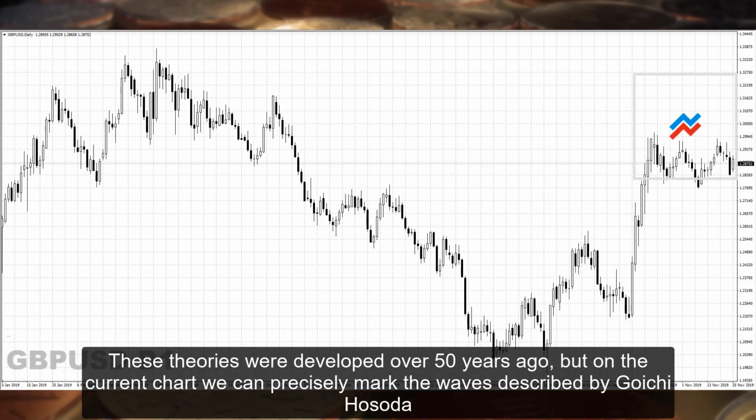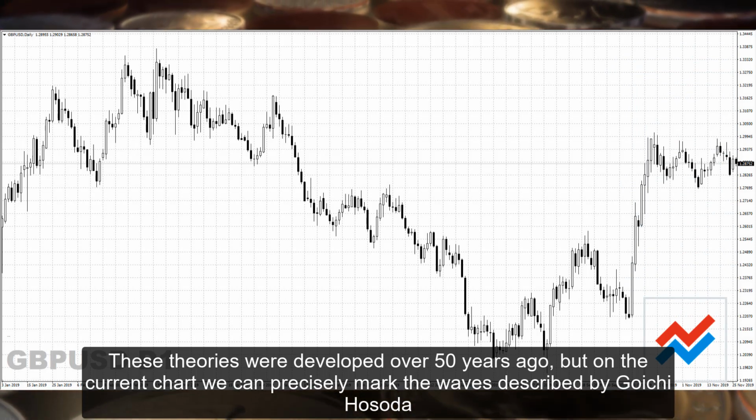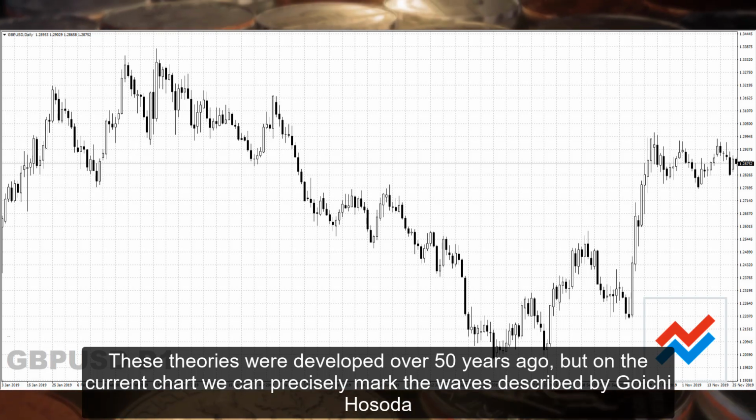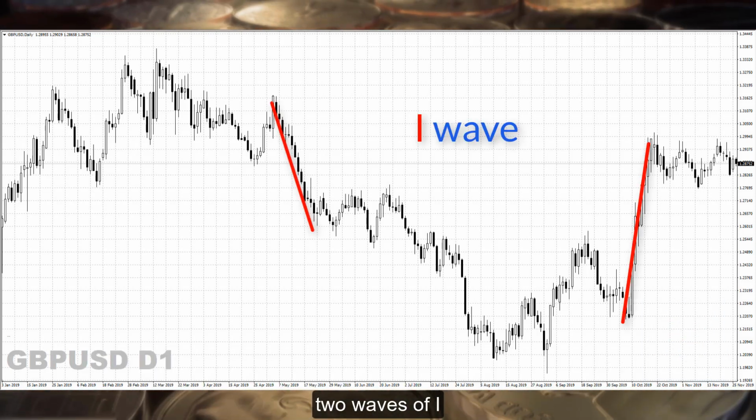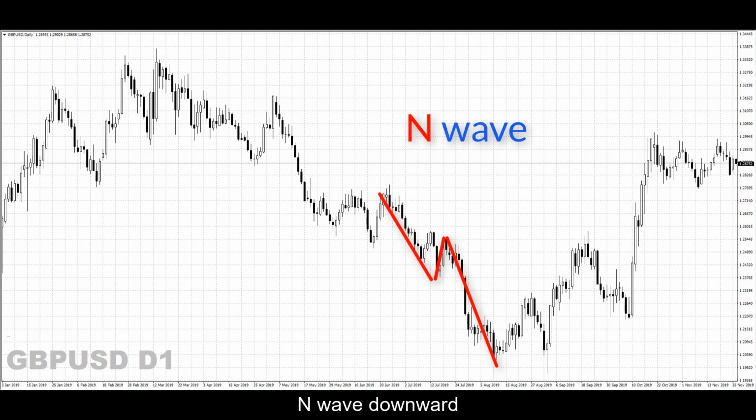These theories were developed over 50 years ago, but on the current chart we can precisely mark the waves described by Goichi Hosoda. 2 waves of I, 2 waves of V, N wave, downward, N wave, upward.